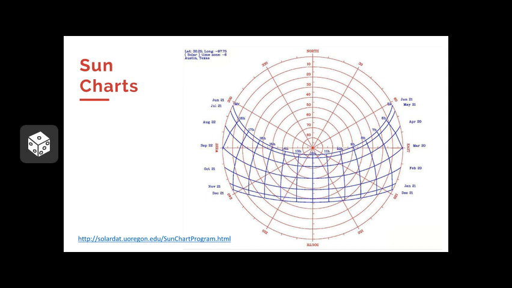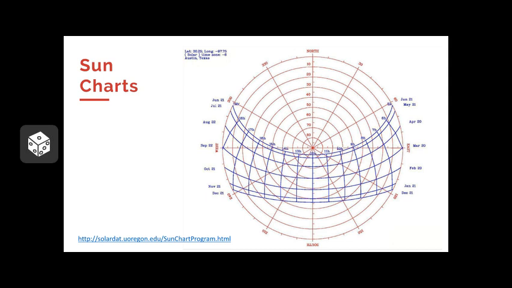And we start looking at what this sun chart is and how we can look at this data. The blue part of the sun chart is organized in hours of the day that are vertical coming down.